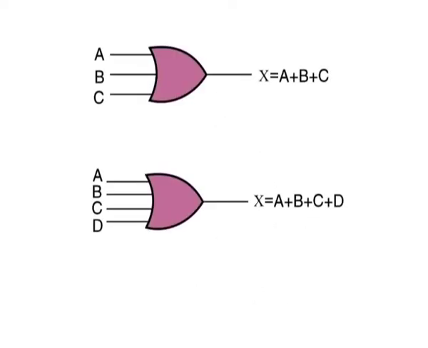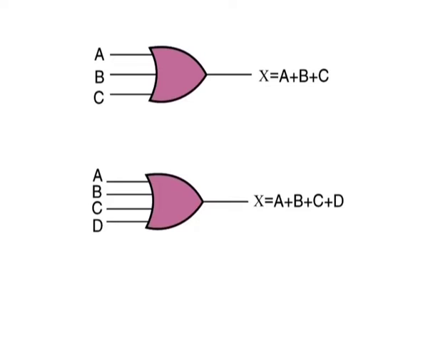Figure shows the OR gate logic symbol with input variables and the output variable labeled. To extend the OR expression to more than two input variables, a new letter is used for each additional variable.